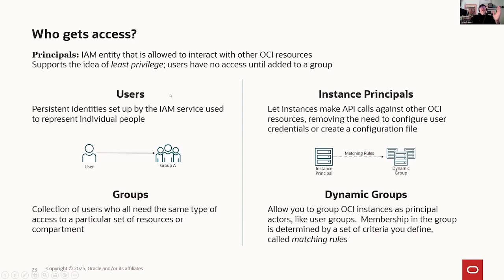Just as a user has to be part of a group, an instance principal, which would be a machine, whether it be a virtual machine or a bare metal machine, can then have rules that control other machines. So it's just a way of doing growth and decay, clusters, that type of thing.